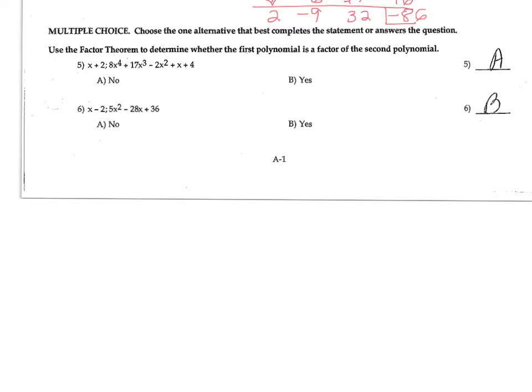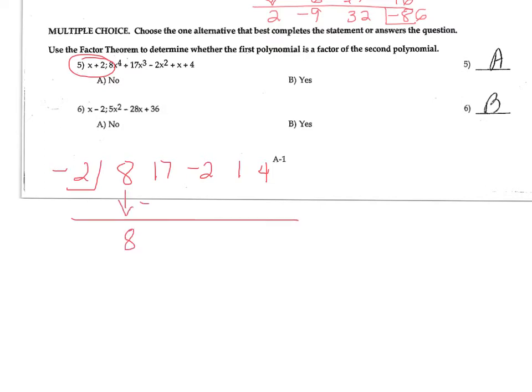So then as you check number 5, this is 8, 17, -2, 1, and 4. When you divide that by x plus 2, the opposite is -2. And you divide by using synthetic division. 8 times -2 is -16. This is positive 1.